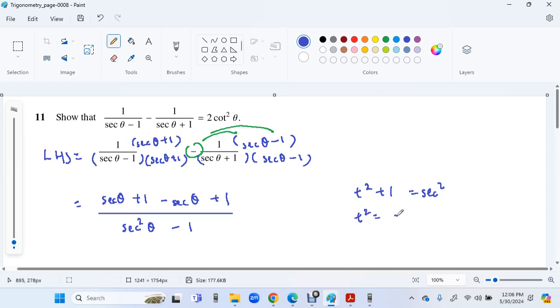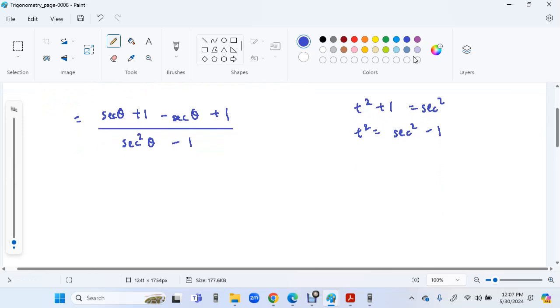So tangent square is actually secant square minus 1. So this one we have secant minus secant, so we have 2 over the tangent square. So this will be the 2 cotangent square theta, and this is the right hand side.